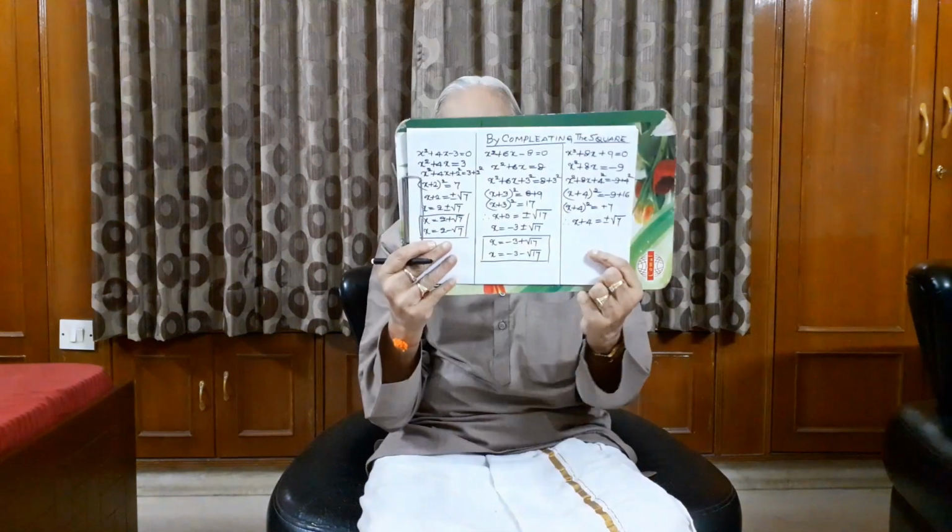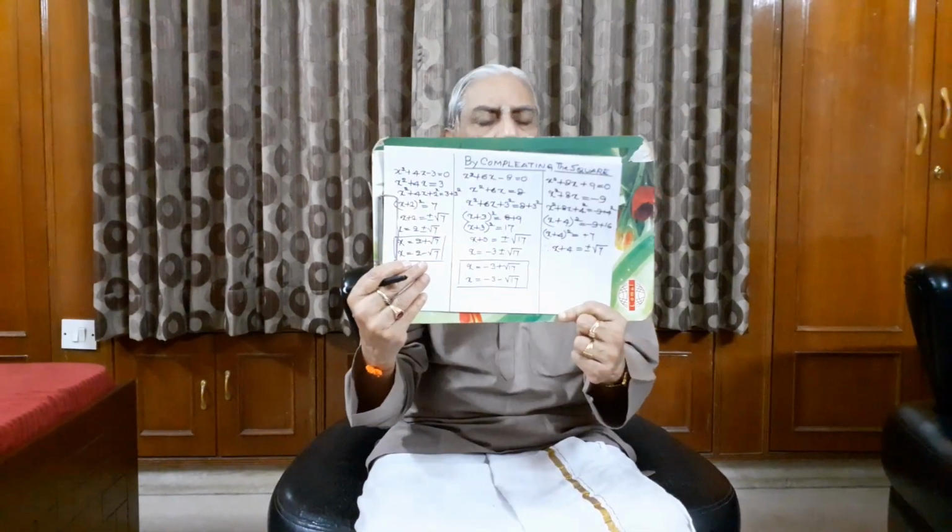You must be very careful. And therefore, x plus 4 equals how much? Take out the square root. x plus 4 equals plus or minus square root of 7. So x plus 4 is equal to plus or minus square root of 7. It's a very good thing there. And then finally you do it.